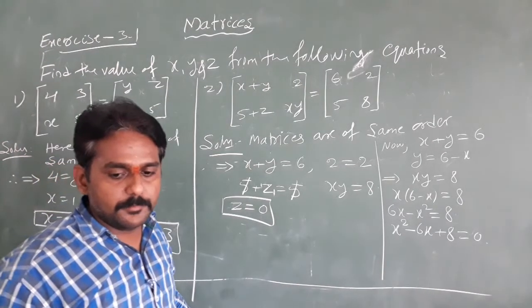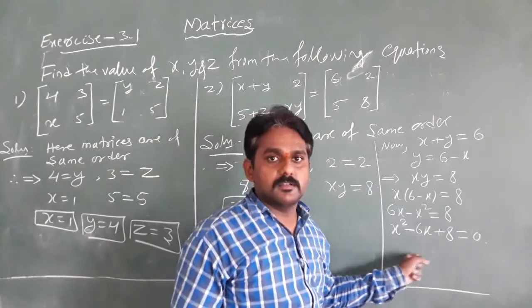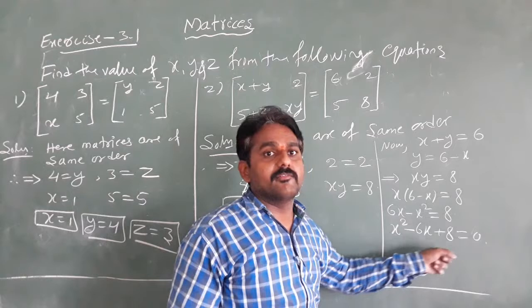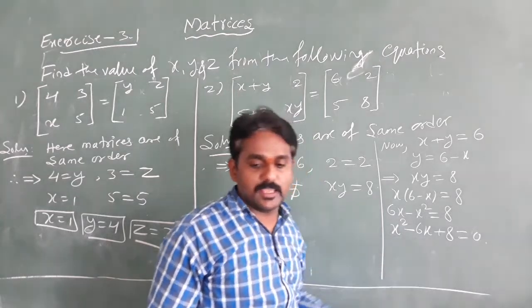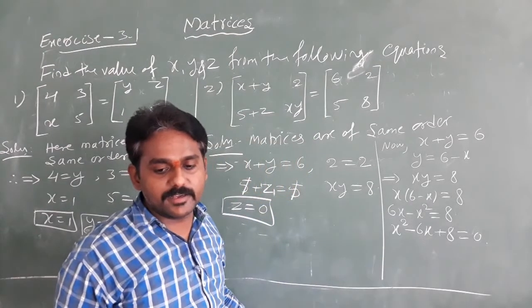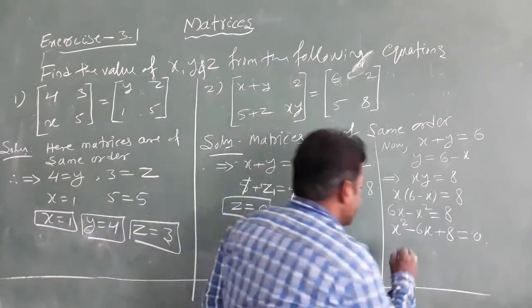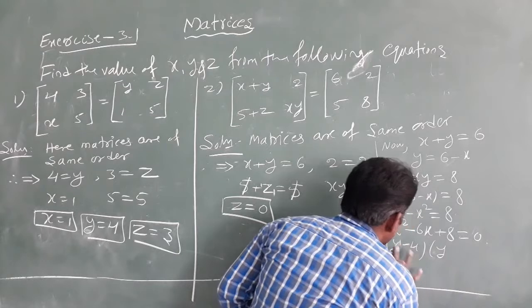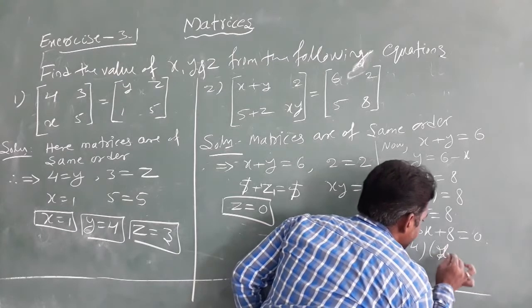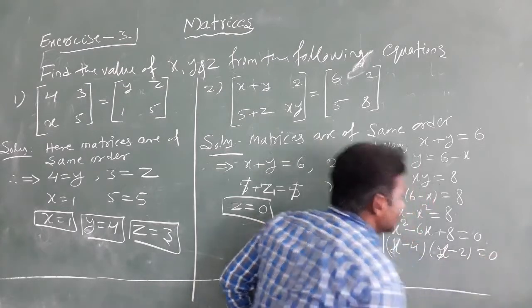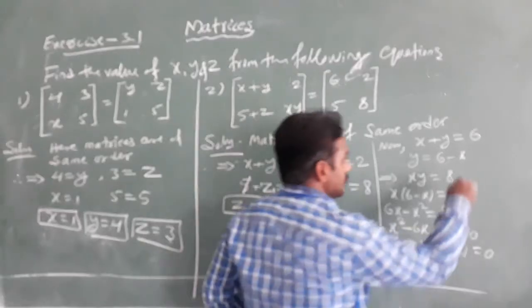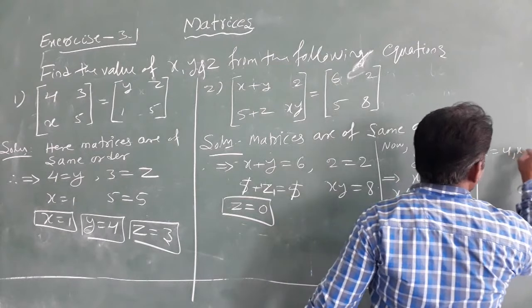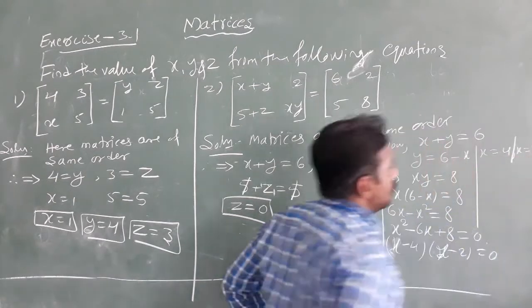What are you going to do here? You are going to factorize this quadratic equation. What will you get here? x minus 4 and x minus 2 equal to 0. Therefore x equal to 4 and x equal to 2.